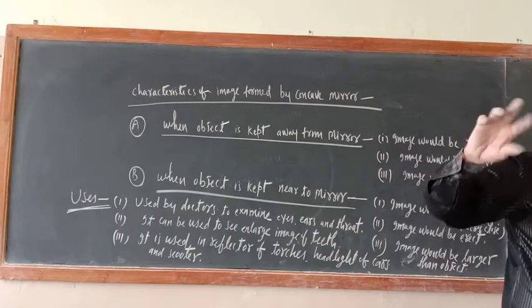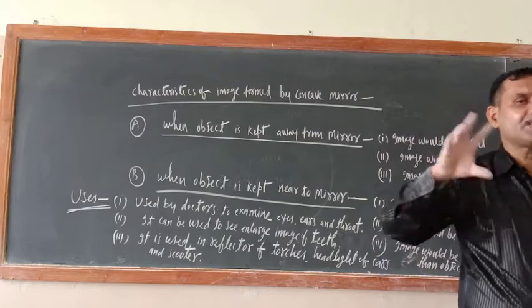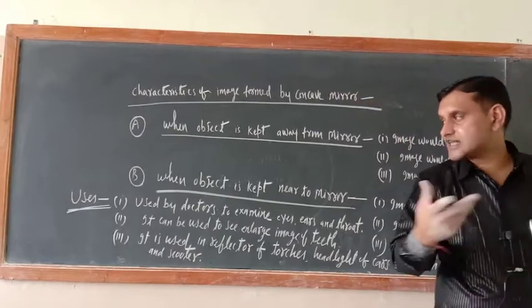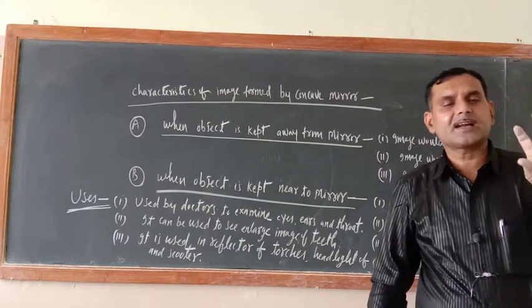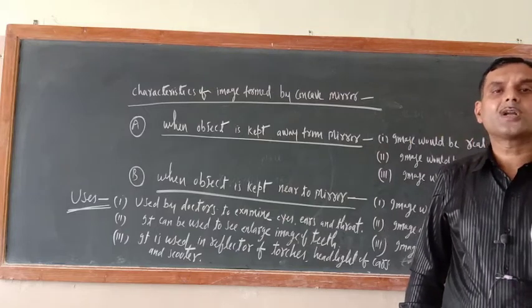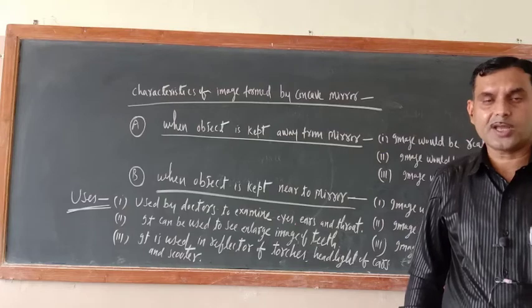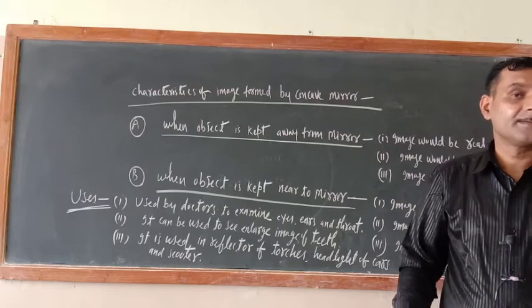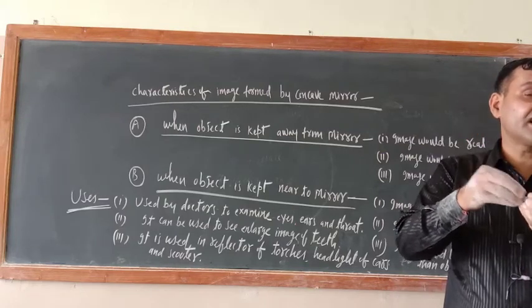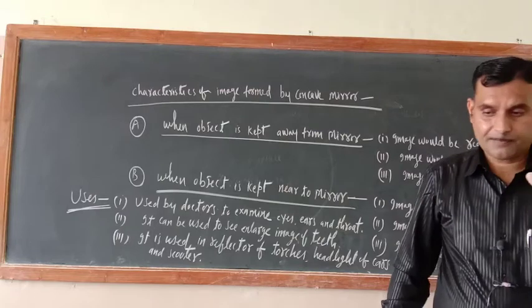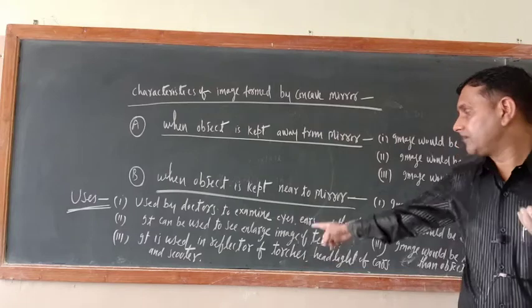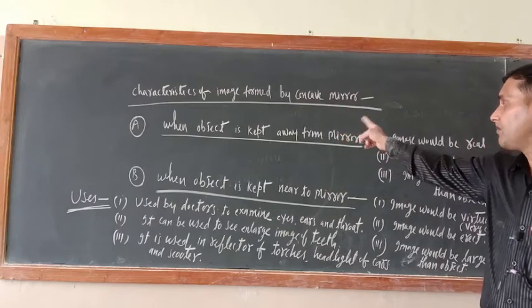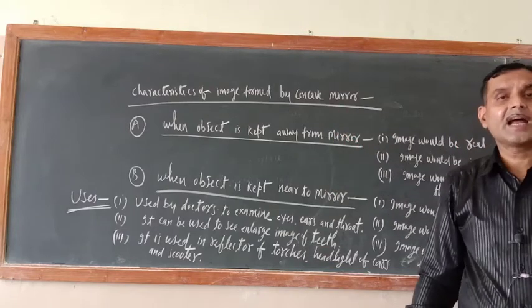If there is decay or some other problem in the teeth, they can examine it very easily. The third one: you might have seen the reflector of scooters, cars' headlights, and even torch reflectors. This concave mirror is used as a headlight.